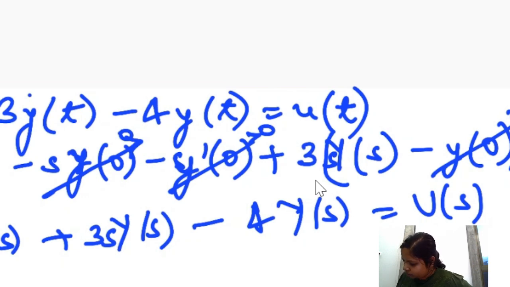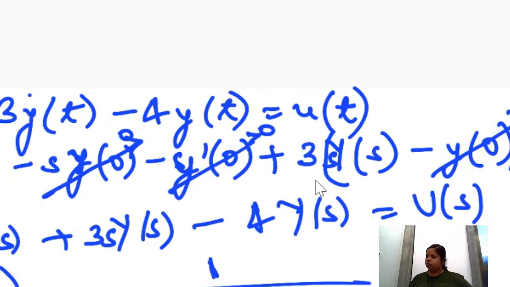Now Y(s) upon U(s) would be 1 upon s square plus 3s minus 4. So basically I'm talking about the transfer function all this time, the relation between output and input. Here y(t) is the output, u(t) is the input.